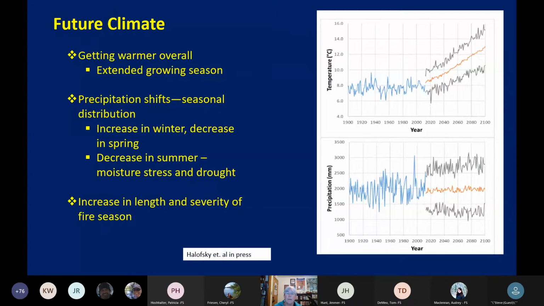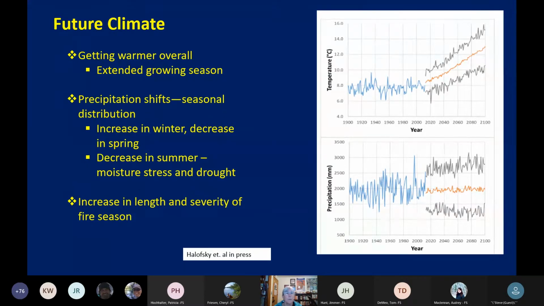And what we can see, if you look at the upper graph that's looking at mean annual temperature changes through time, it's definitely getting warmer overall, and that's not just the average temperature, but also each season is showing warming, with the most pronounced season being summer, with a potential increase up to 11 degrees by 2100.